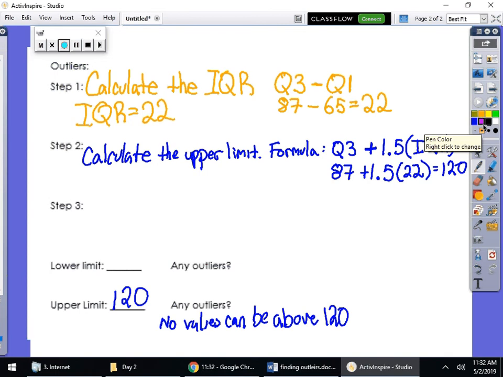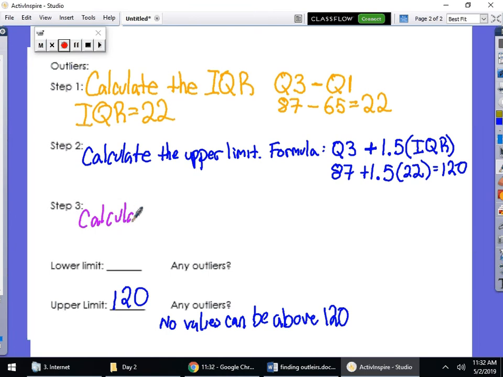Step 3, we're going to calculate the lower limit. Now the formula is basically the same, except for the lower limit, we're going to use the lower quartile, which is Q1.